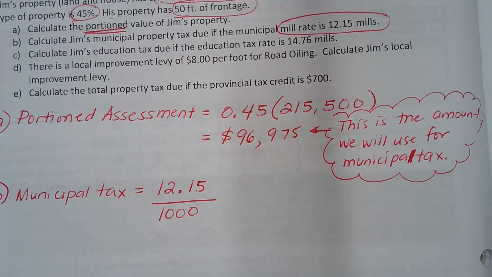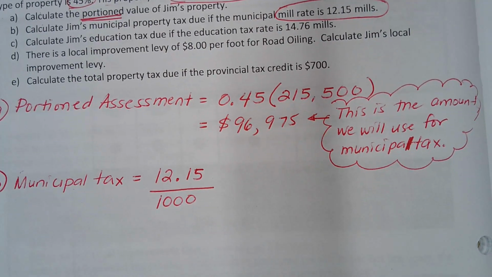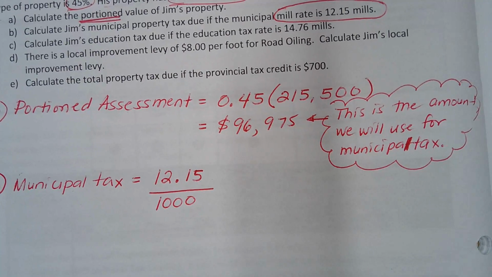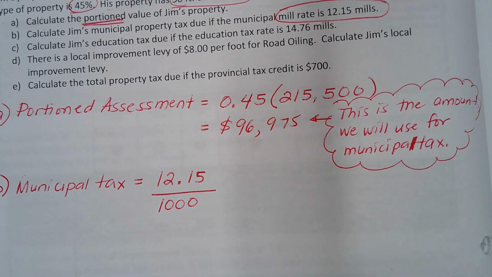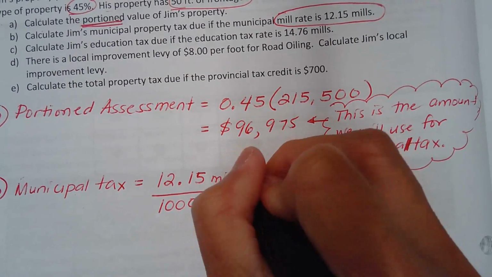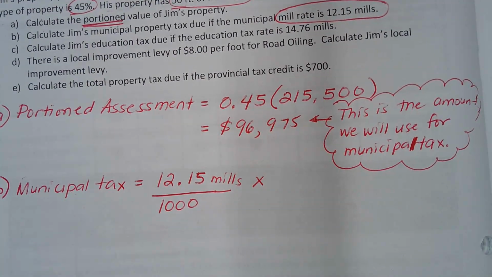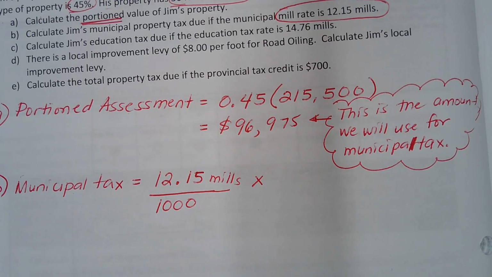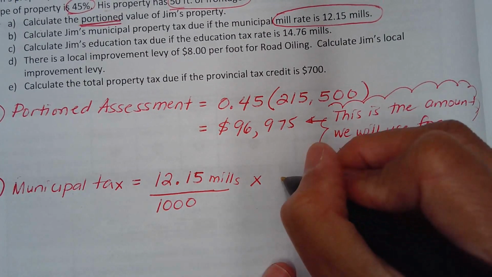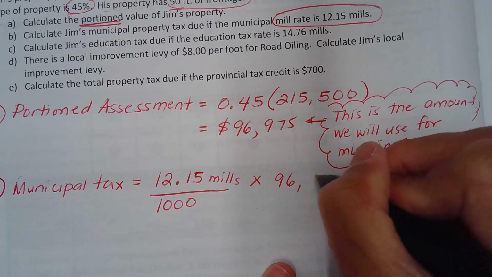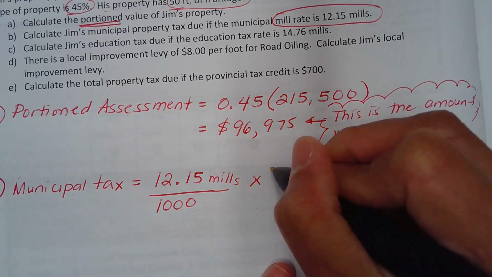This is from the notes yesterday. So 12.15 mils per thousand, times the portioned assessment. Our portioned assessment is $96,975.